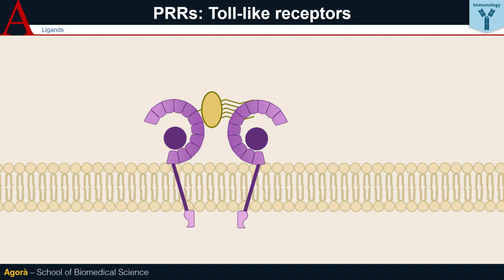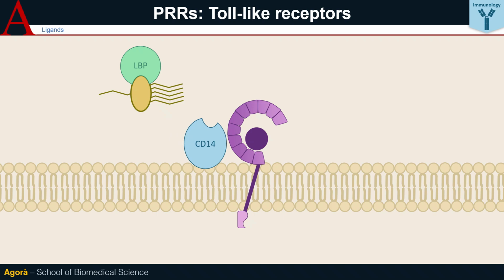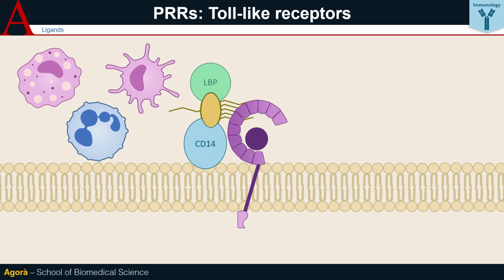MD2, however, is not the sole molecule capable of binding LPS and activating TLR4. In the blood and body fluids, there is also LPS binding protein, LBP, capable of binding freely circulating LPS that has detached from bacteria.